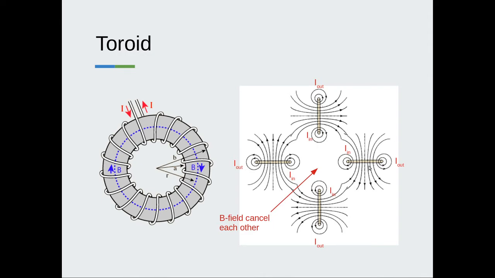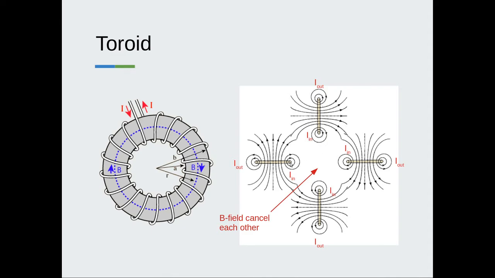So if you look at the direction of your magnetic field here, we have a current going into the paper, yeah, this way, and the magnetic field is running this way. So if you look at a piece of magnetic field here, the direction is pointing to the top.